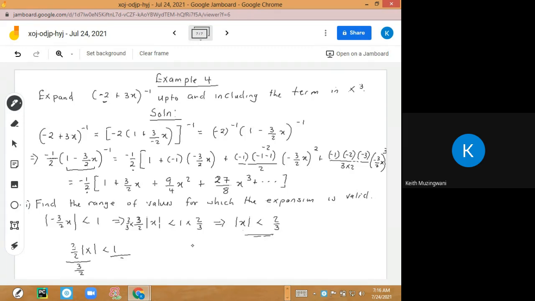So we meant the modulus of x is less than 1 over 3/2. But look, this is the same as 1 divided by 3/2, which you can write as 1 multiplied by 2/3, which is just going to be 2/3. That's how it became that. All right, sir. Okay.